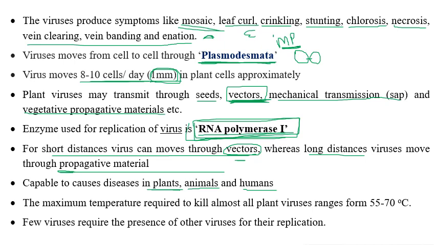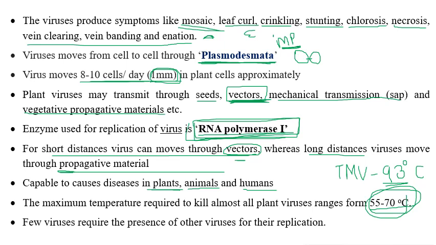The maximum temperature to kill almost all plant pathogenic viruses ranges from 55 to 70 degrees centigrade. But there is an exception, that is TMV, tobacco mosaic virus, which can be killed at 93 degrees centigrade.